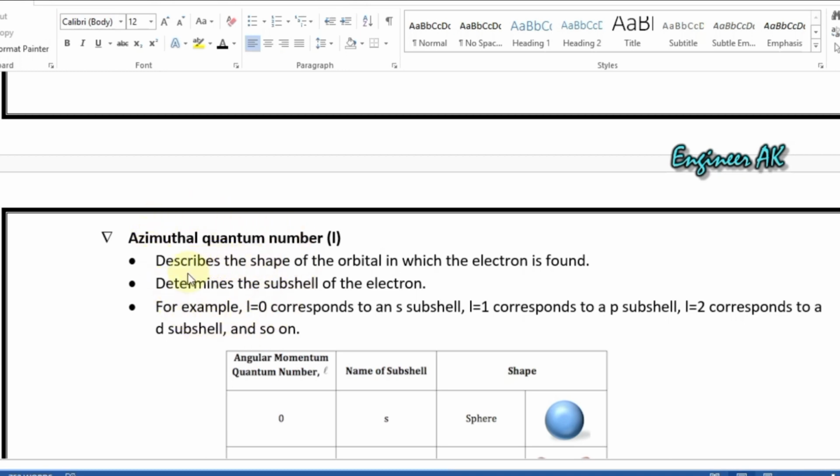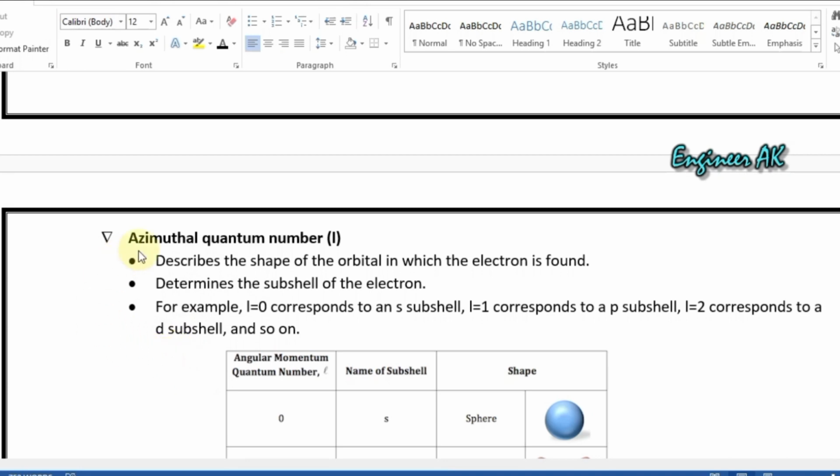These are not too important from an exam point of view, but you should have a concept about these basic terms, which will be helpful in your further chapters.